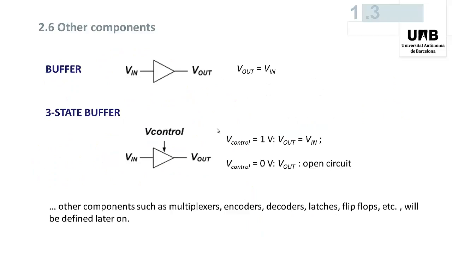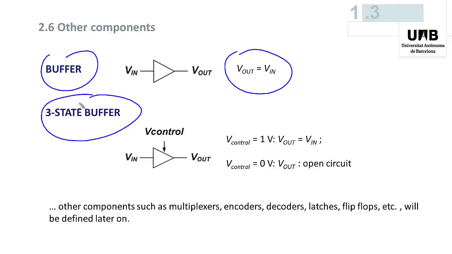Another type of component is the buffer. Actually, a buffer is a kind of power amplifier, and its output is equal to its input. A three-state buffer is a control switch. If the control voltage is equal to 1, to the high voltage, more generally, it is like a simple buffer, and the output is equal to the input.